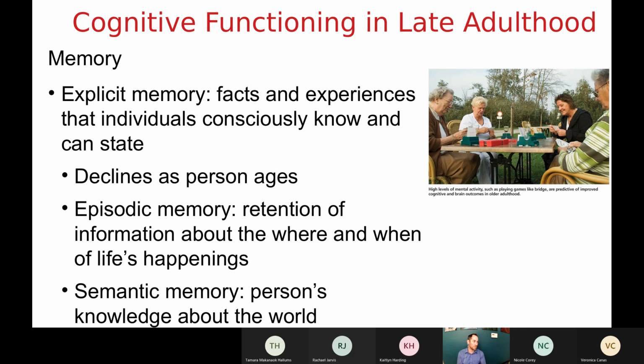So what can an older adult do, someone in late adulthood, let's say they're 80 or 85, what can they do to work on their episodic memory? Feel free to either take over the microphone and raise your hand, or use the chat box. So what can someone in late adulthood, 80, 85, do to improve or work on their episodic memory?